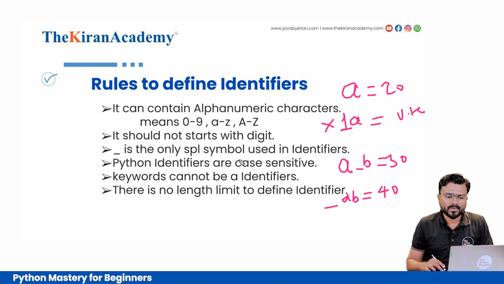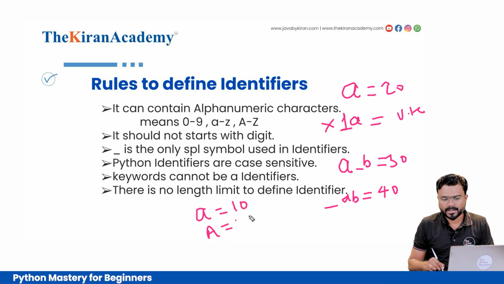So underscore is the only special symbol used for identifiers. Python identifiers are case sensitive. What does it mean? If I write a is equal to 10 and if I write capital A is equal to Kiran Academy, this small a and capital A are treated differently. So identifiers are case sensitive.